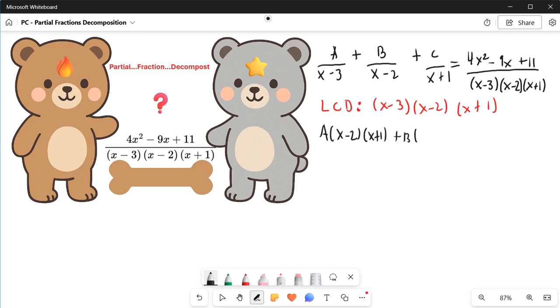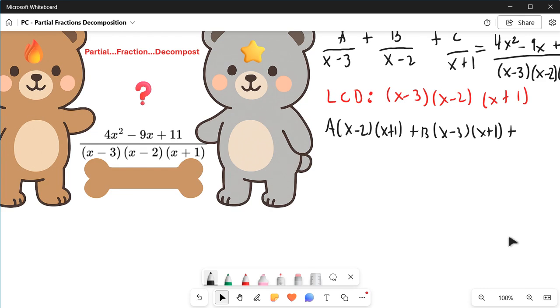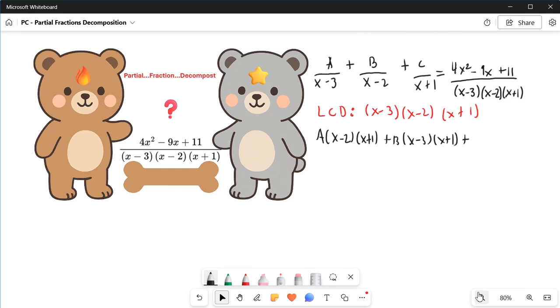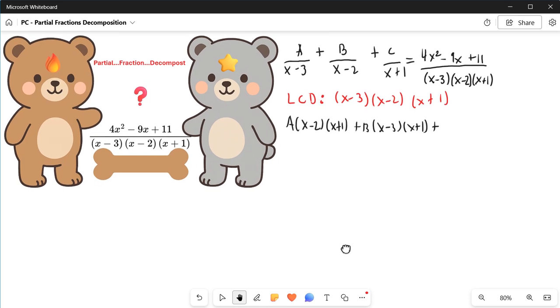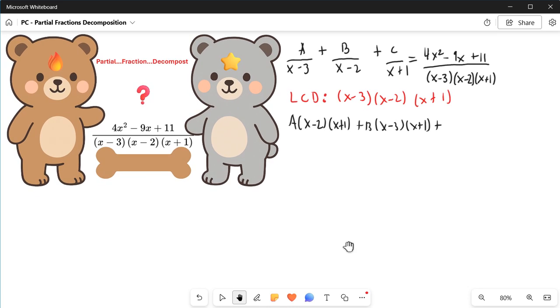plus B times, well, in this case it'll be x minus 3 times x plus 1, and then plus, well, let's zoom out just a tiny bit. Okay, that should give us some room. Now we're going to write that last one, right?